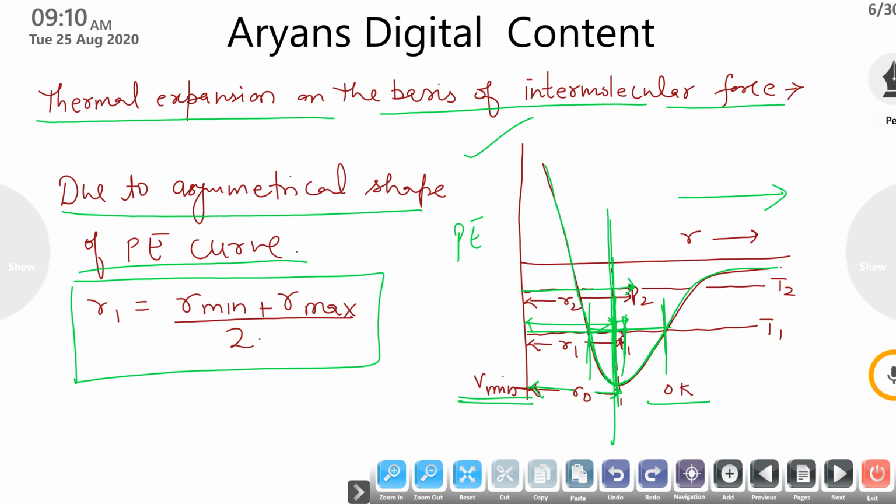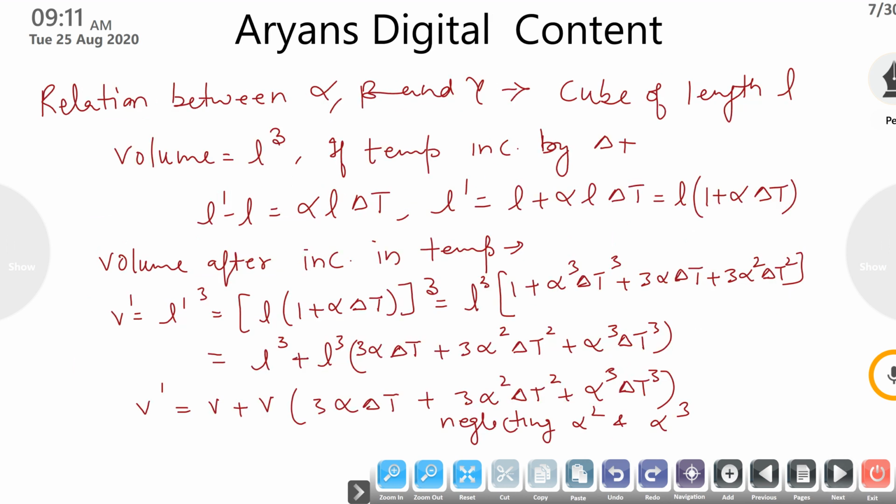Again we have to take the average of this and this, and the average will come at this point. In this way we can say that any material expands when it gets energy in the form of temperature. A very important graph, many times asked in the exam.